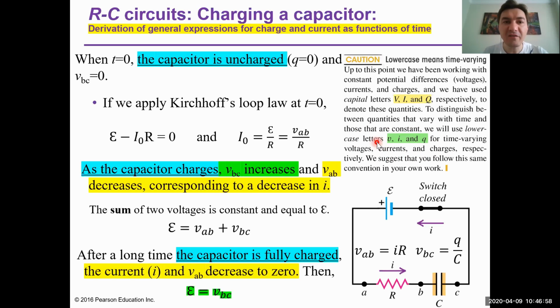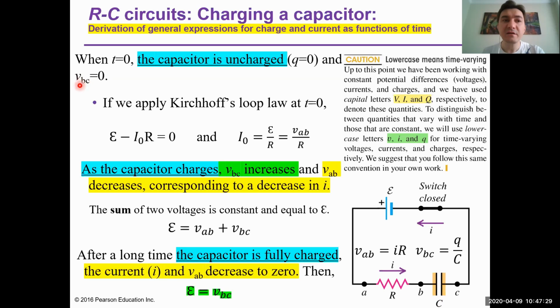So here we have three conditions. This is the first one, second one, and third one. The first condition: when time is 0 at the beginning, you just close the switch and you allow the current to flow within the circuit, okay? So the capacitor is uncharged at the beginning when the time is 0. Total charge on the capacitor is 0.